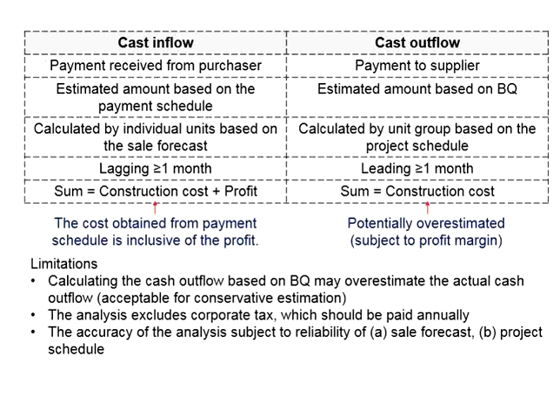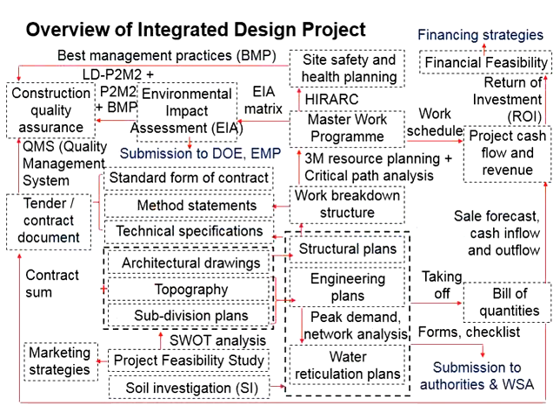Now, in the context of the integrated design project, if you choose to consider the corporate tax in your analysis, you might need to check your contract sum as compared to your work schedule, specifically the duration of the project. Let's say the project takes about 2 years. You're going to expect your company income to be equal to the contract sum divided by 2 years.